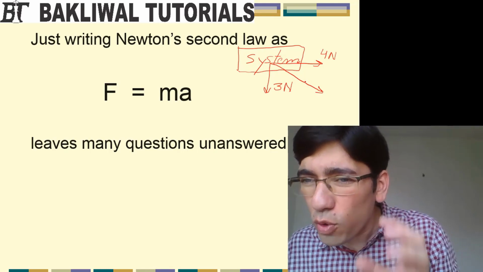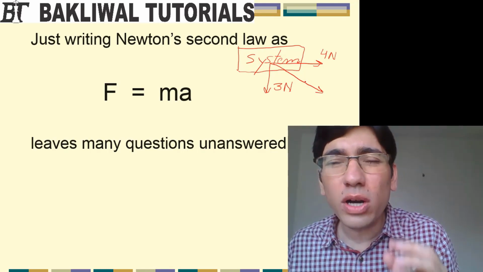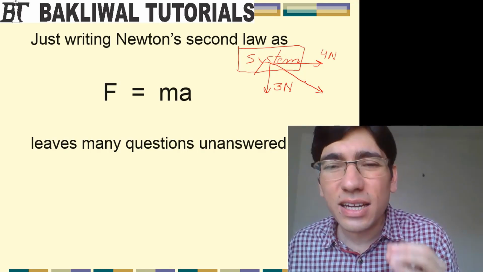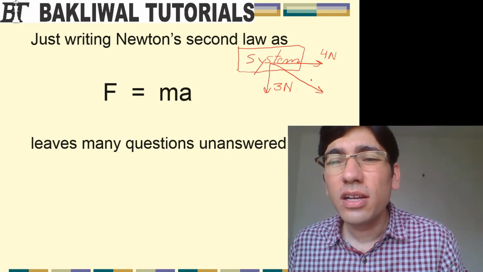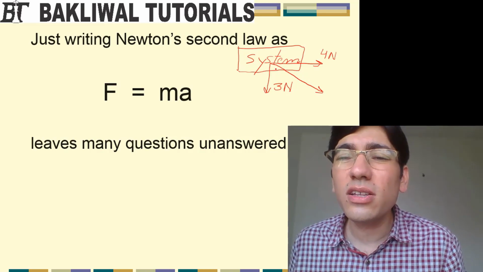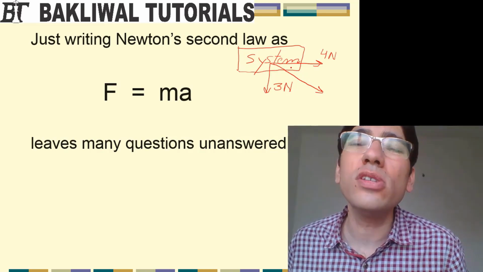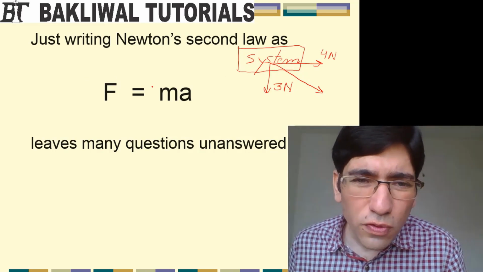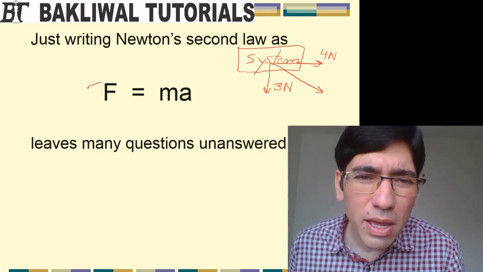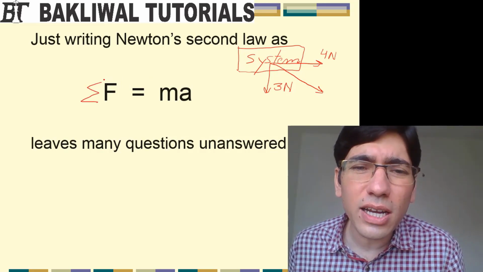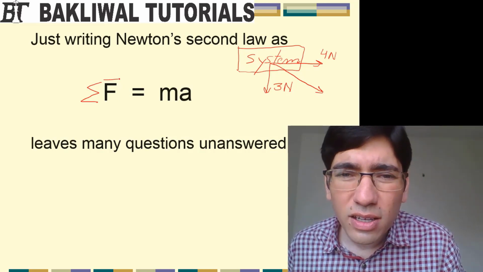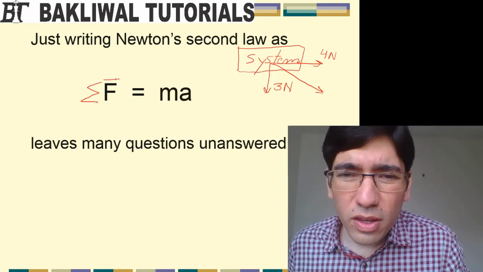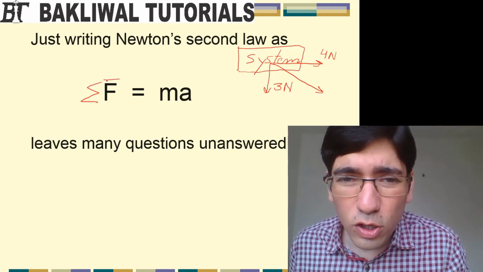So the net force on the object was not simple scalar addition of 4 and 3, it was not 7 Newton. It was instead the vector addition of all the forces acting on the system. So instead of casually writing it as F equal to ma, we should better write it as vector addition. Remember, this bar sign is not the bar which many of you would have wanted it to be.